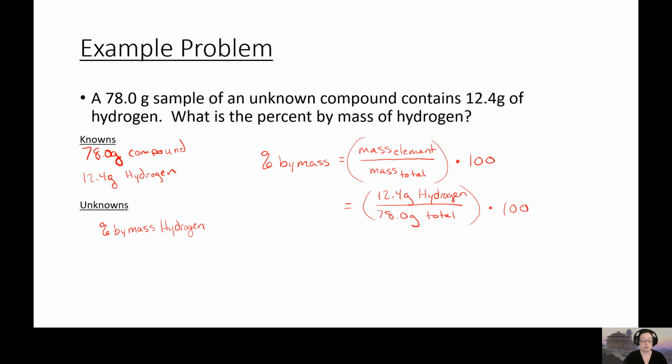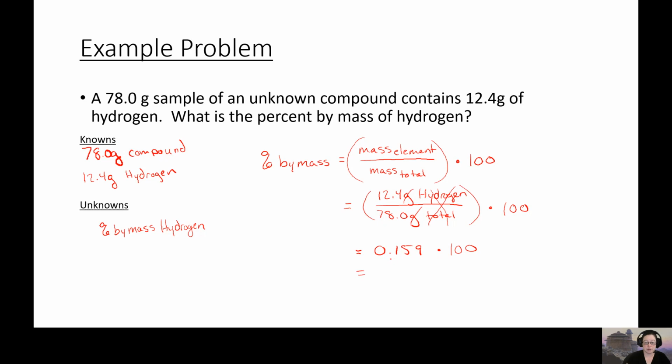I'm just going to grab a calculator real quick to make my life a little easier. 12.4 divided by 78 is 0.159. Now grams canceled, and you don't keep the units. Times 100.